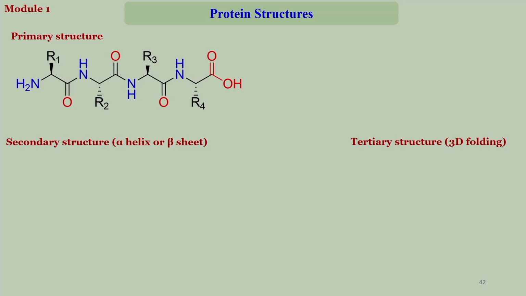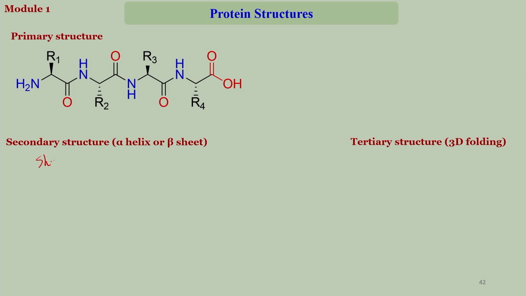Secondary structure means that since they have single bonds, if you rotate the single bonds around the protein structure, then what are the orientations that you get and what are the short range interactions that are present within the peptide sequence or within the protein sequence.